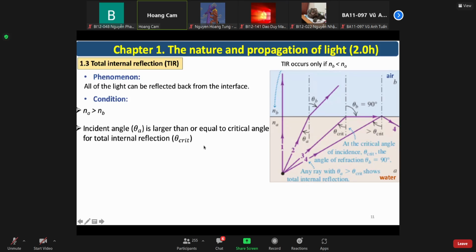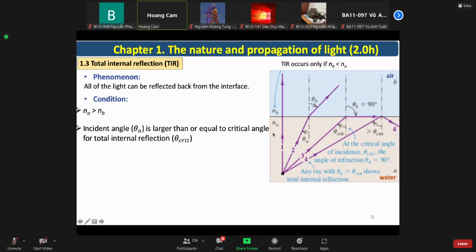And the second condition is related to the angle of incidence. If the light penetrates at a very small angle of incidence, for sure we can observe refracted rays. At some other angle of incidence which is larger, there are no more refracted rays. So the incident angle theta A is larger than or equal to the critical angle for total internal reflection, theta critical.